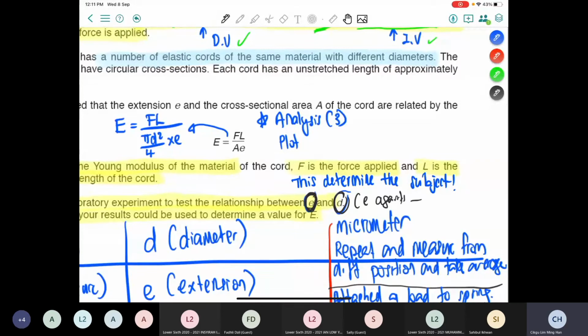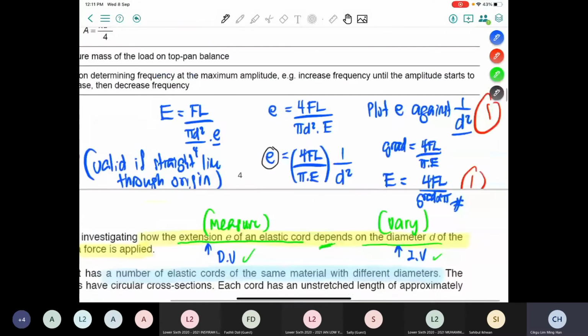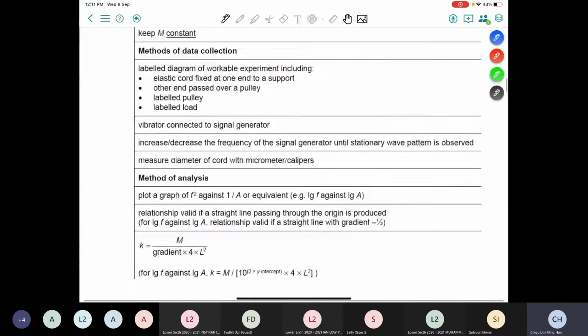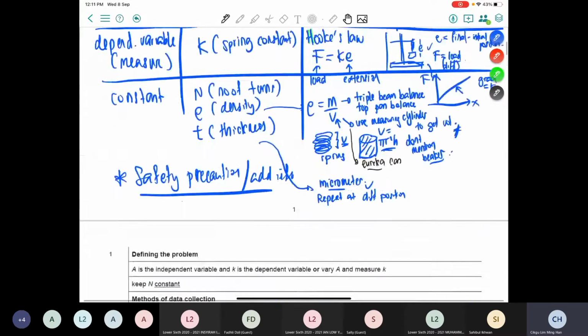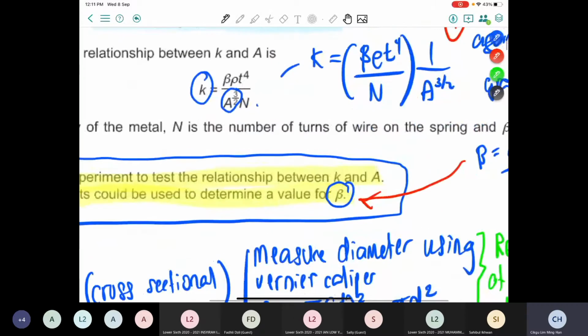It might not be D directly. Because if you look here, it's actually 1 over D square due to the manipulation of the algebra here. And if you look at the first one earlier, the same thing also.